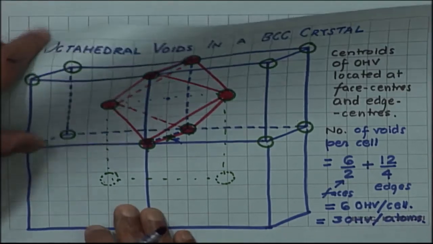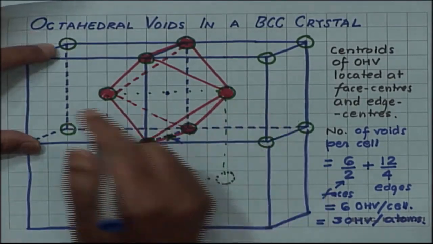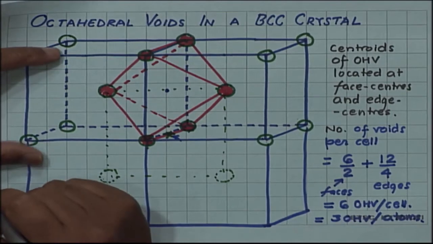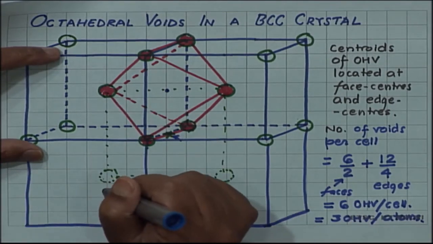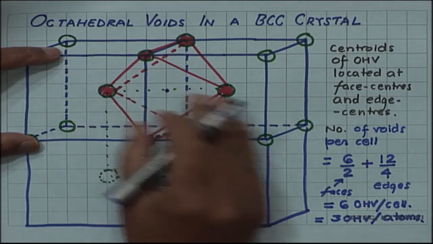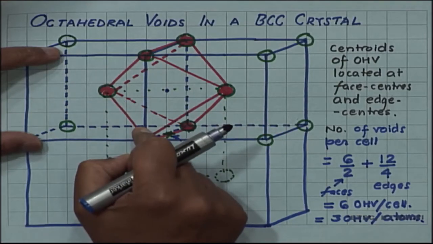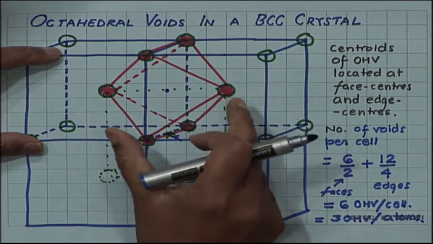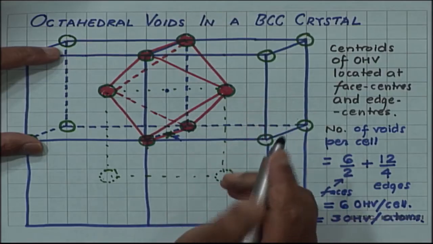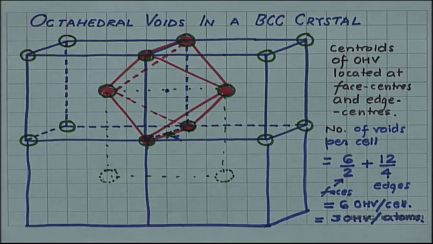So, we can continue now with trying to find the largest sphere which will fit in the octahedral void. Also note, I forgot to emphasize this, that the octahedral void also is irregular.